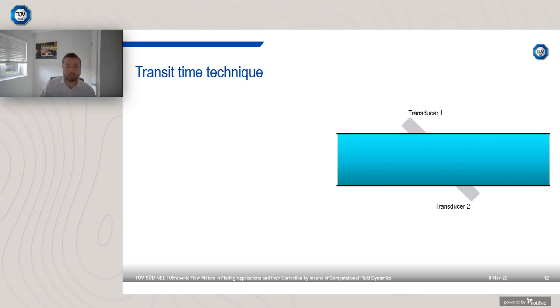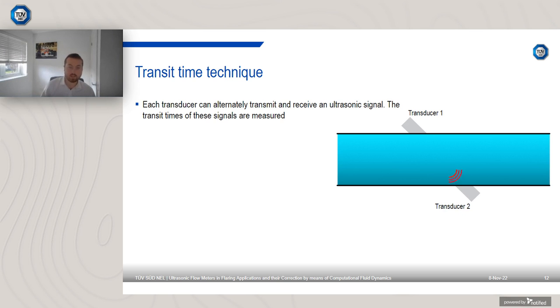So with the transit time technique, you have two transducers, and each transducer can transmit and receive an ultrasonic signal. And basically, the time each signal takes to travel from one transducer to the other is measured. The distance between the two transducers is called the path length, and the axial distance is called the axial length.